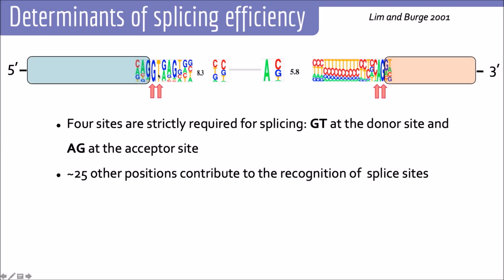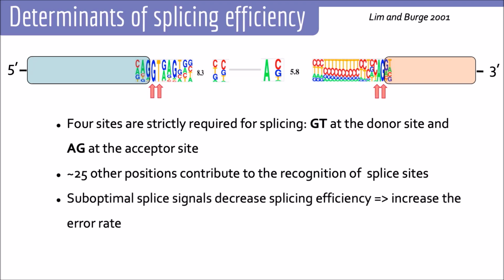In more than 99% of introns, they start with GT and end with AG. But in addition to these 4 sites, there are about 25 other positions that contribute to the recognition of splice sites. And so suboptimal splice signals lead to decreased splicing efficiency and therefore to increased error rate.